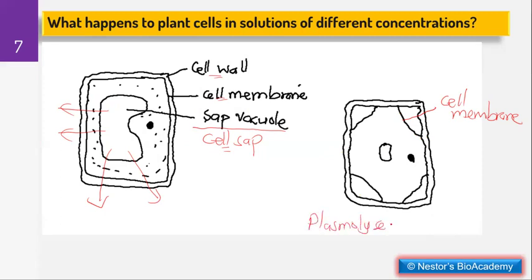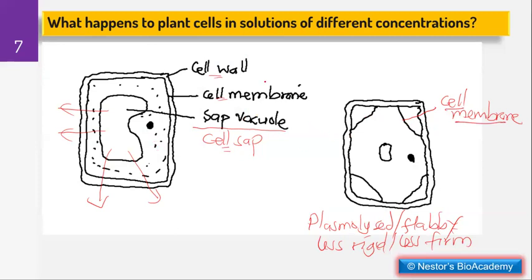In this state, you can also describe the cell as being flabby. And this means the cell is less rigid or less firm. And so the process by which a plant cell loses water when placed in a hypertonic solution, shrinks in size and has its cell membrane detaching from the cell wall, we call plasmolysis.